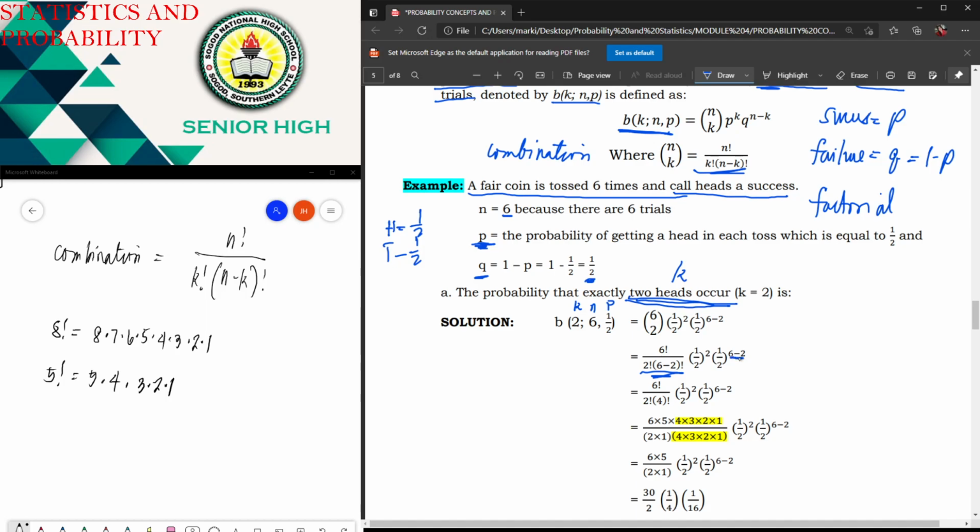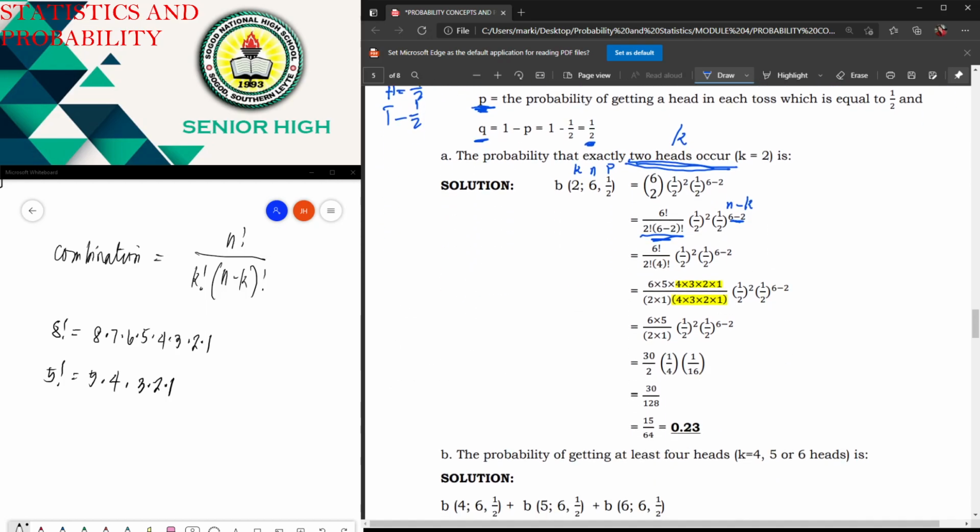Where did we get this 6 minus 2? From the formula, n minus k. Be careful with substituting your formula. So we have 6 factorial, 2 factorial, and 4 factorial, since 6 minus 2 is 4, then 1/2 raised to 6 minus 2.